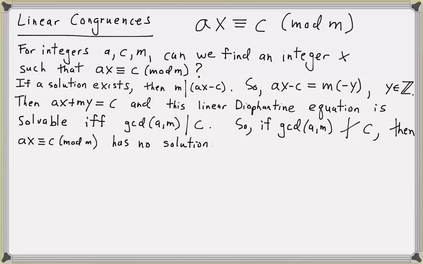So now let's consider the case when the greatest common divisor divides c. Suppose the greatest common divisor, I'm going to call that d, so d is the greatest common divisor of a and m, divides c. Then we showed that there's a general solution to the Diophantine equation ax plus my equals c.